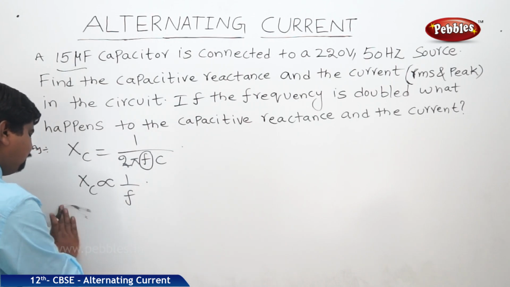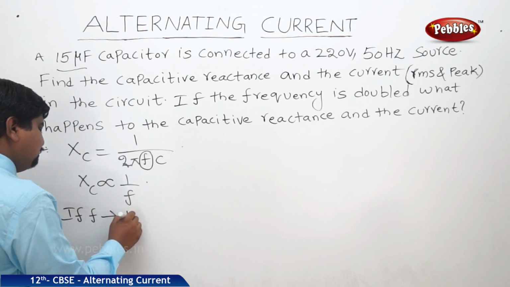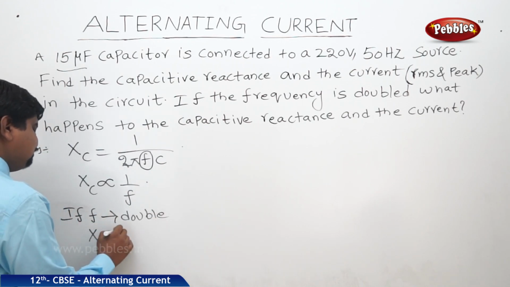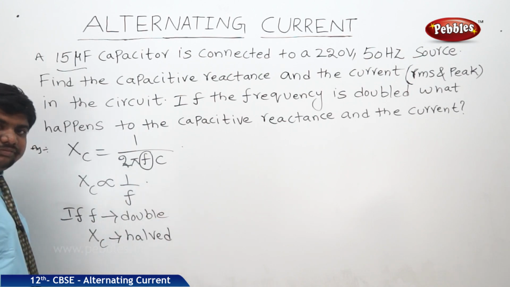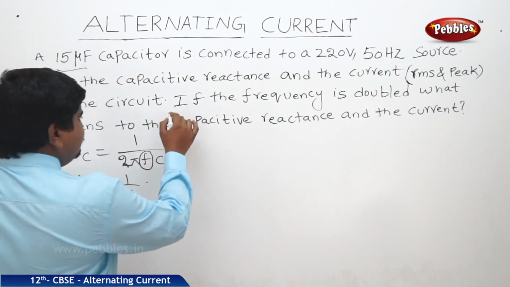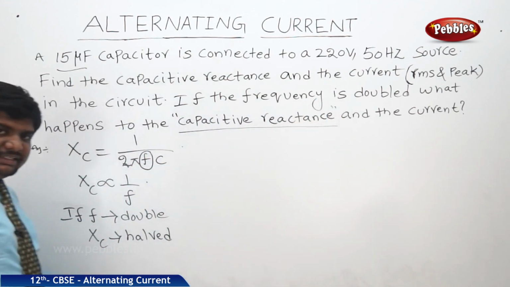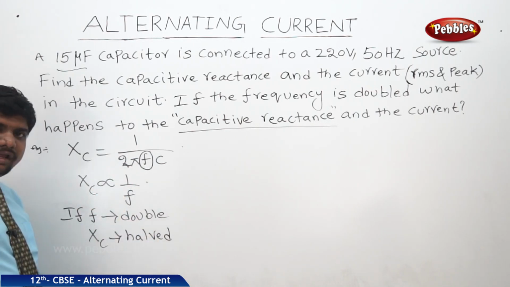So if f becomes double, the capacitive reactance becomes half, or halved. That is what happens to the capacitive reactance.